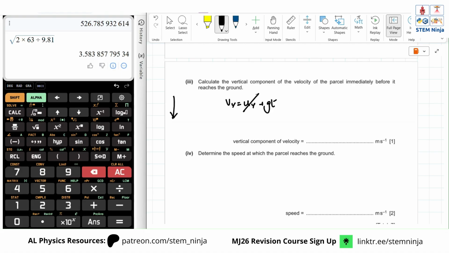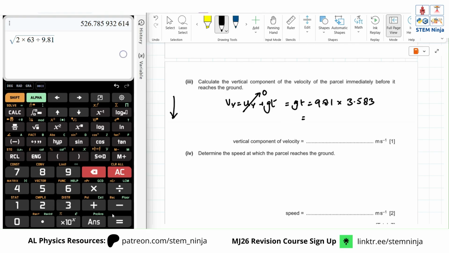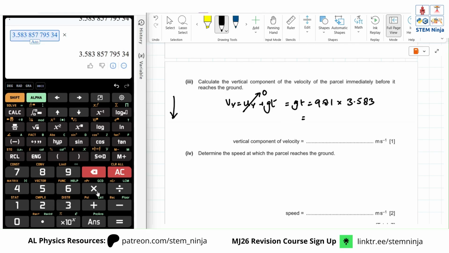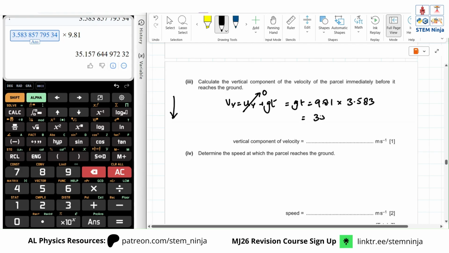Uy again is 0, so this is just g t. 9.81 times 3.583. While calculating, use the values with higher precision, that means more decimal places. So this times 9.81 is 35.157, so you can write it as 35.